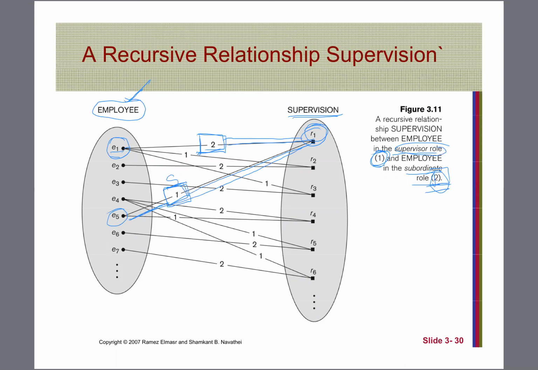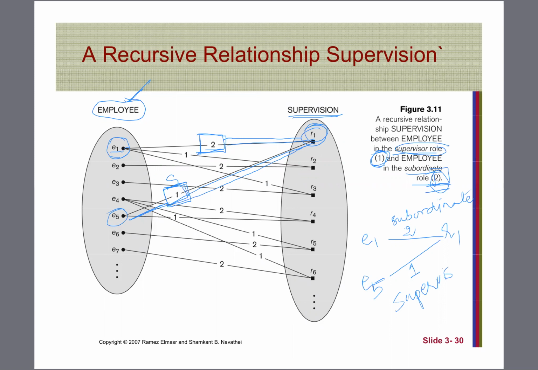Do we understand this? So we are talking about two employees, E1 and E5, in the relationship R1, wherein E1 is playing role 2. 2 is nothing but the subordinate role, okay? And E5 is playing role 1, that is the supervisor role.